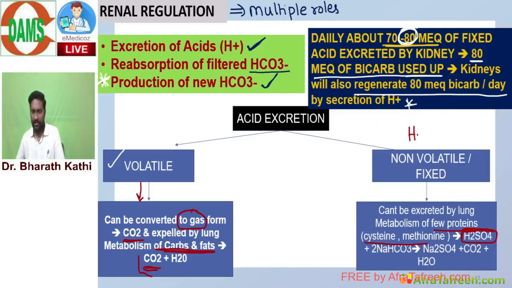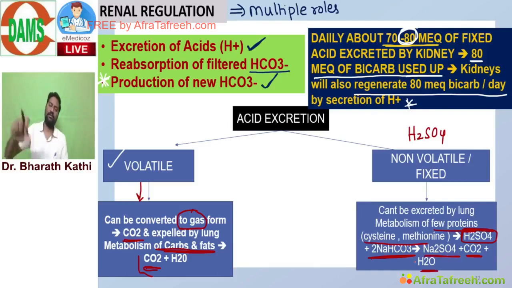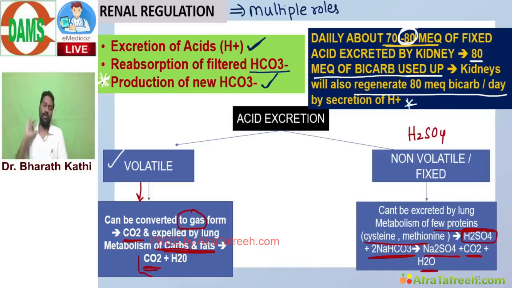This H2SO4 is a fixed acid. To excrete this, your kidney utilizes bicarbonate. With the help of bicarbonate, this fixed acid is converted into CO2, H2O, and Na2SO4. All this can ultimately be excreted by your body easily.